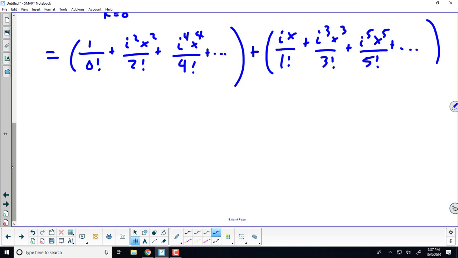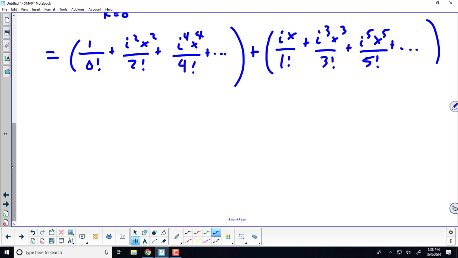But a consequence of that is that if I write i cubed, I could think of that as i times i squared, right? Just by properties of exponents. But that would then be i times negative 1, which is negative i. So i cubed is negative i, etc.